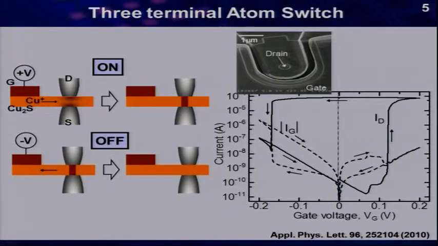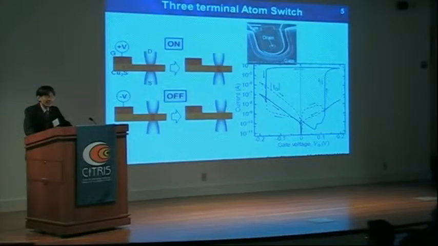The drain current is biased at 10 millivolts to monitor the resistive state. When the bridge is formed, the current between source and drain increases. The switch turns on or off when the gate voltage is biased positively or negatively. Each on-off state persists without applying the voltages. The gate current is about 2 microamps. As you can see, the switching current can be significantly reduced compared to that in the two-terminal atom switch.